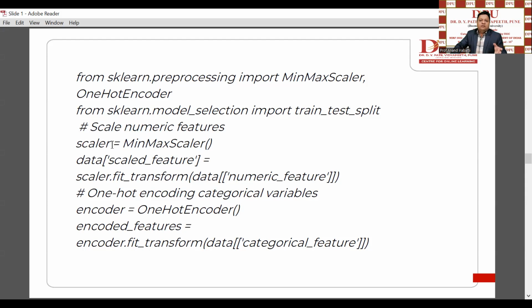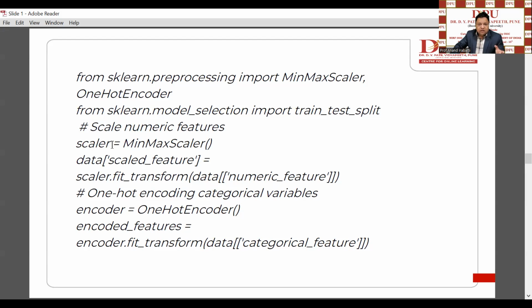Like I said, we divide the portion as 80% to 20%, 80% for training and 20% for testing. So first we train our model with the training data, that is 80% of data. And after that, we provide the testing data of 20% to check how well my model has learned.